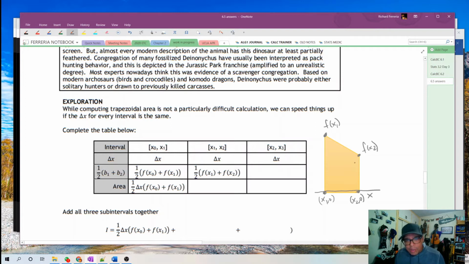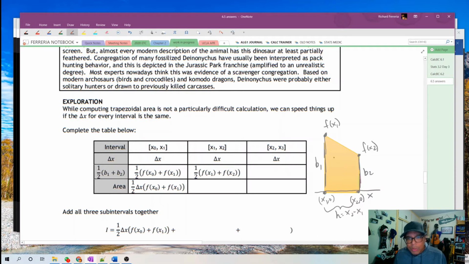And the area of this trapezoid, well, we would call this base 1, and this over here base 2. And this distance from here to here would be the height, which happens to be a difference in the x-coordinates. So the height is x2 minus x1.